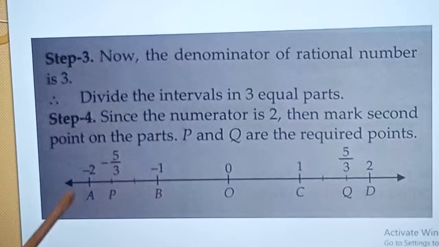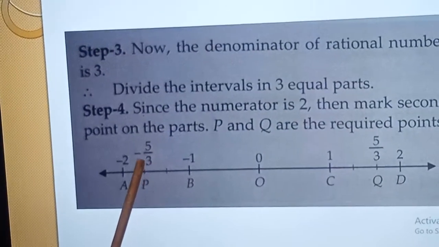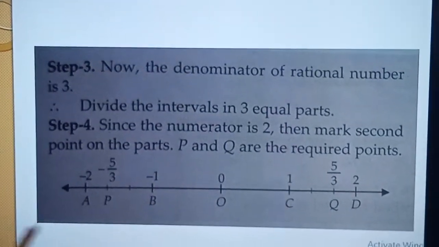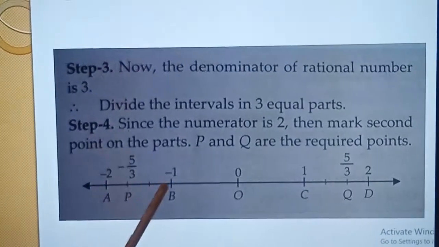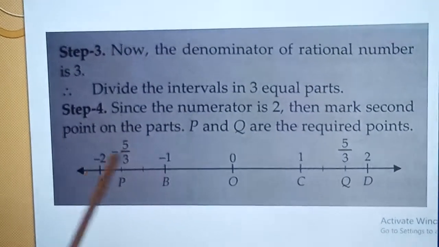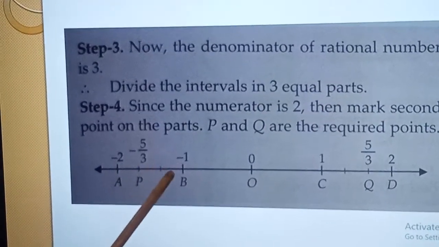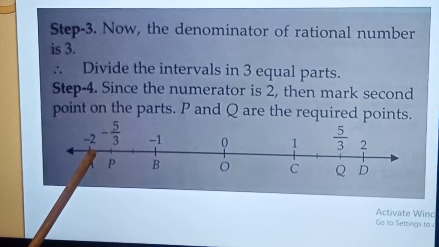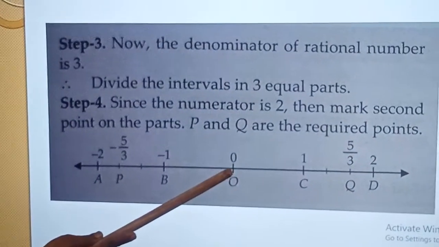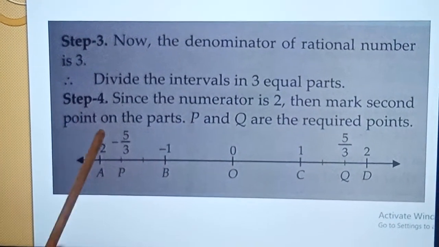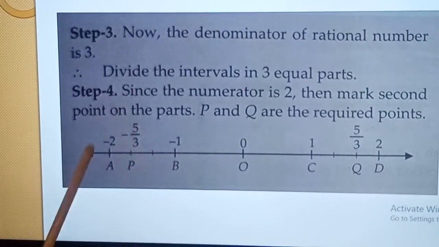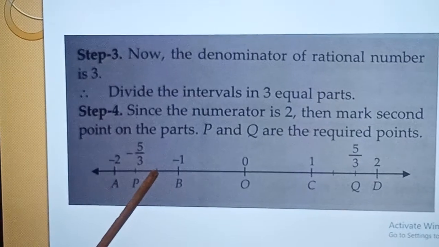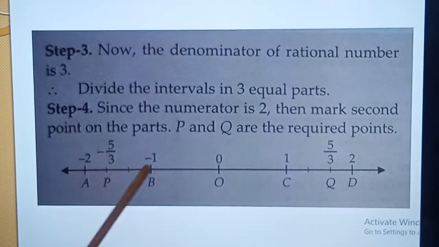As we are getting a rational number here, we have to observe first the denominator. The denominator is 3 in both the cases, right? So we have to divide the second division into 3 equal parts, means 1, 2 and 3. Whatever the denominator is, that many equal divisions we have to make. From 0 to minus 1 is 1 whole, and the next part lies between minus 1 and minus 2, divided into these 3 parts.